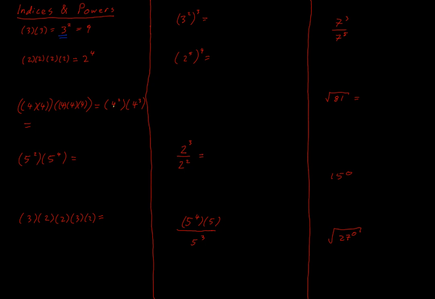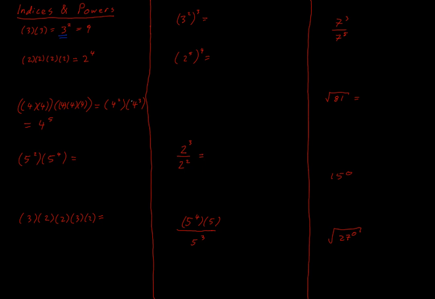Now, if I have 4 multiplied by 4, so 4 multiplied by itself twice, and 4 multiplied by itself 3 times, how many 4s do I have multiplied together in total? Well, I can count them up in this longer form. 1, 2, 3, 4, 5. I have 4 multiplied by itself 5 times.